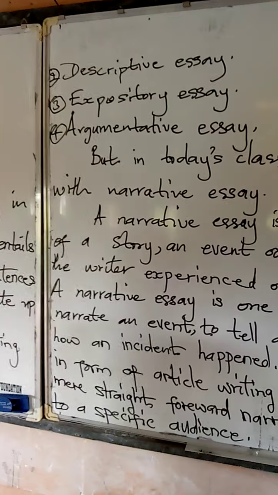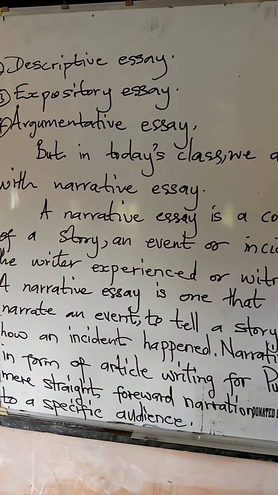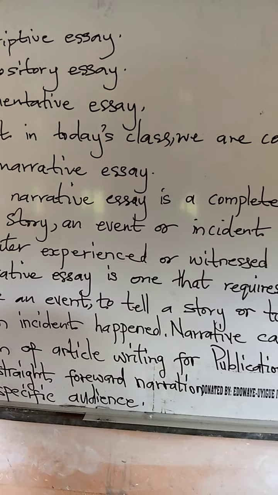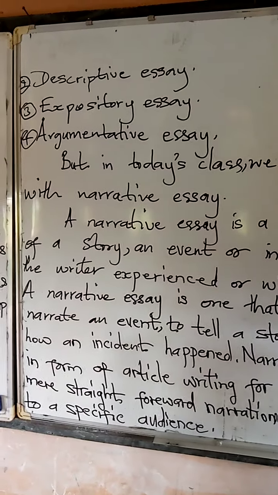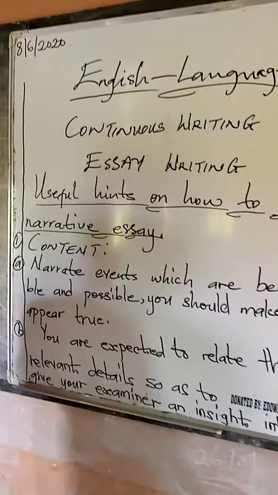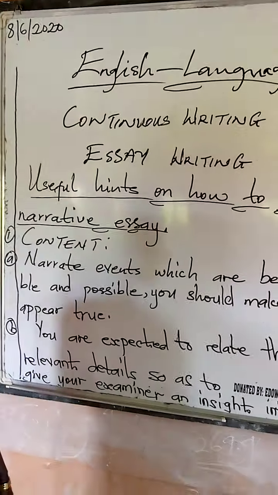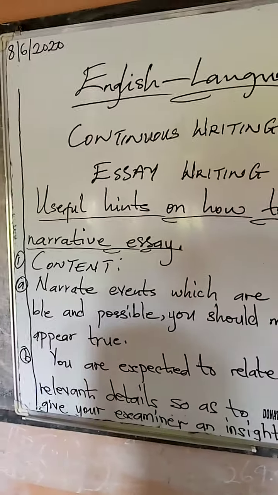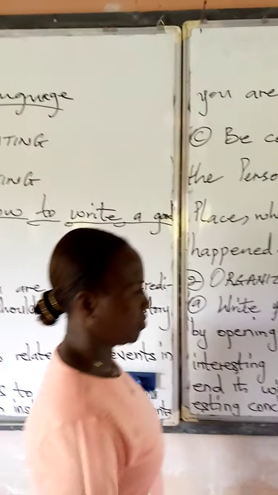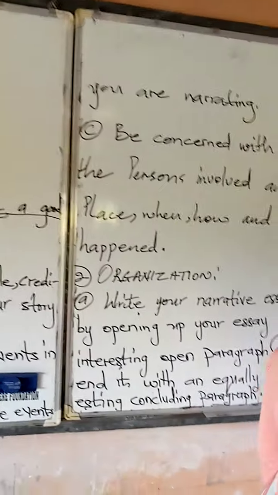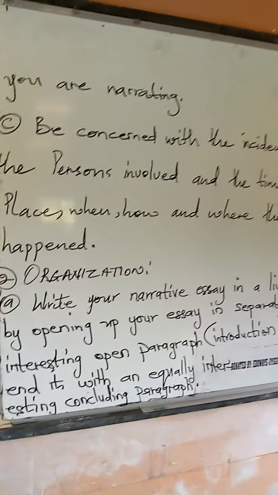Writing an article for publication or a straightforward narration to a specific audience. Story should be believable. Narrative essay also involves description. In your narrative essay, you should be familiar with your past tense.